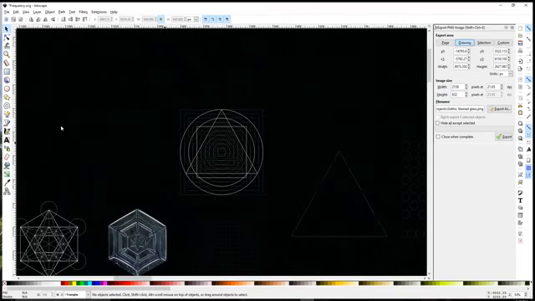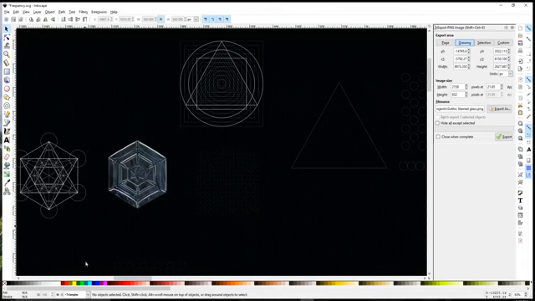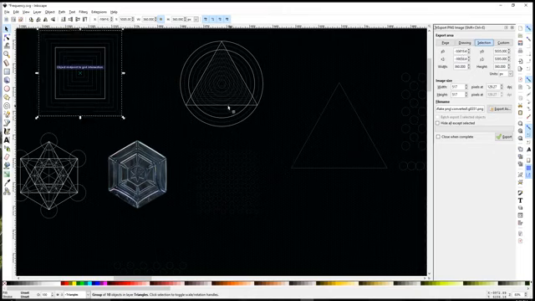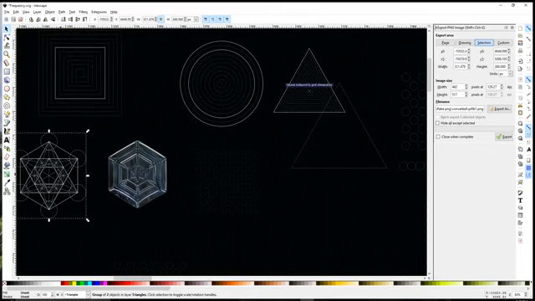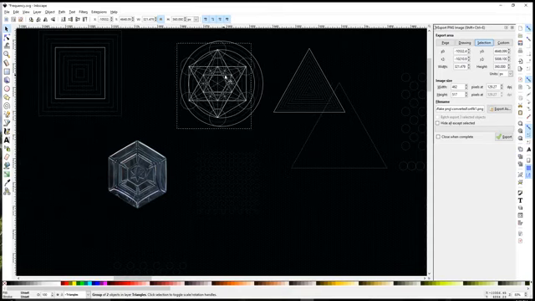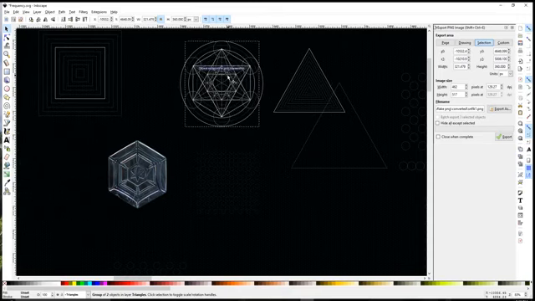Okay, and another thing that we can take a look at is Metatron's cube itself. Let's take the squares off, and we'll take the triangles off, and we'll put Metatron's cube on top of this, and you'll notice that where the hexagons end and where the circles end, they end right at the boundary of 360.